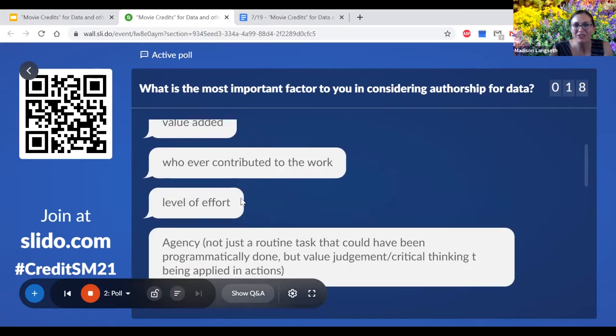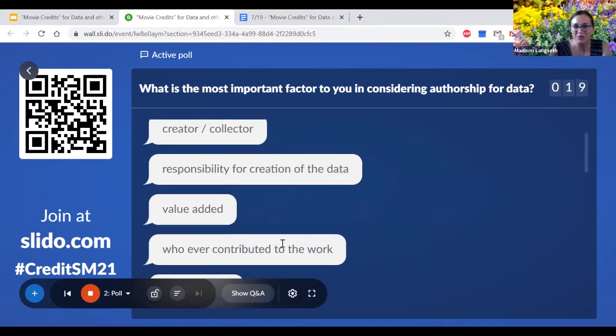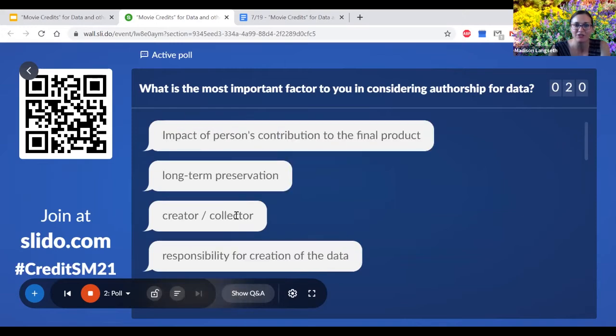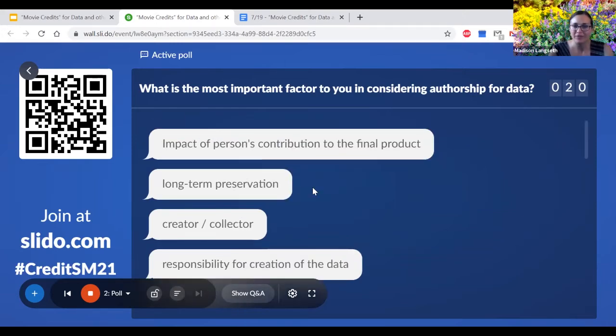We have level of effort, whoever contributed to the work, another value add, responsibility for the creation of the data, somebody who's a creator or collector, long-term preservation, the impact of the person's contribution to the final product.